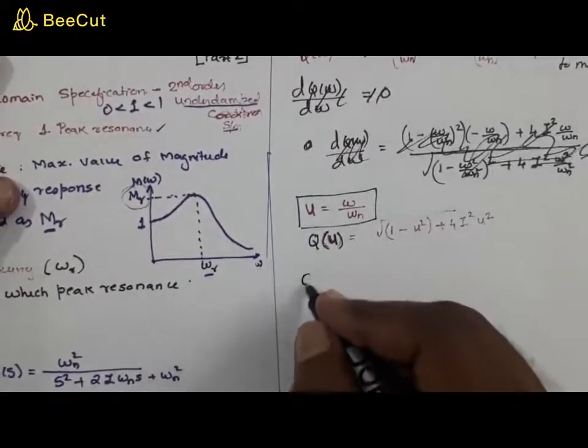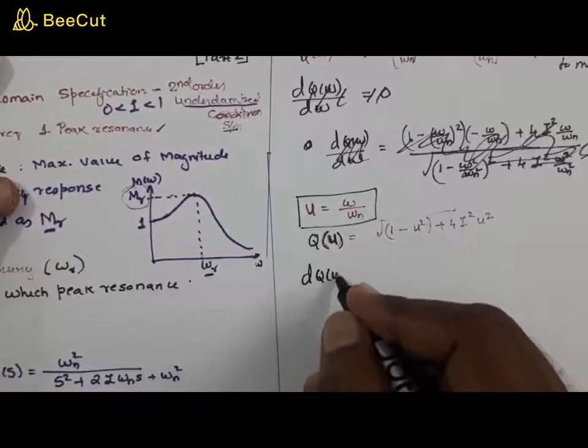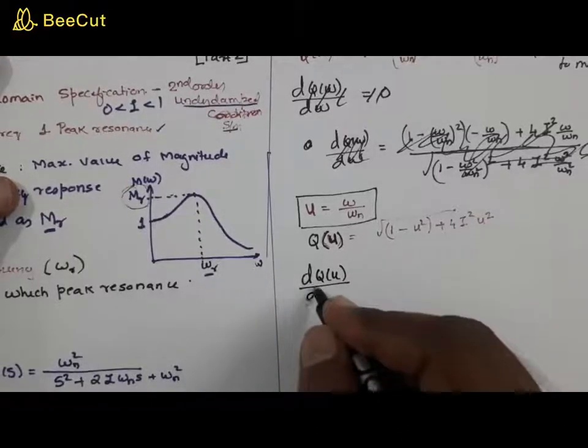The next point is, you can differentiate this, dQ by du.